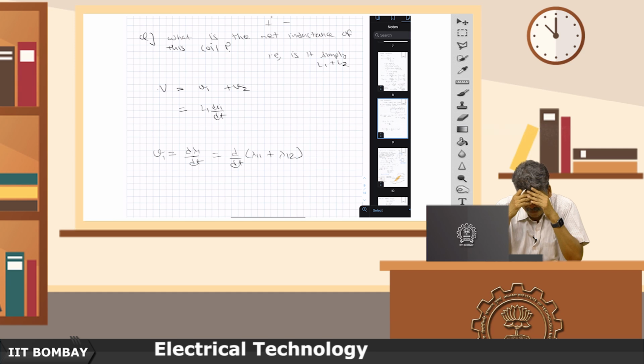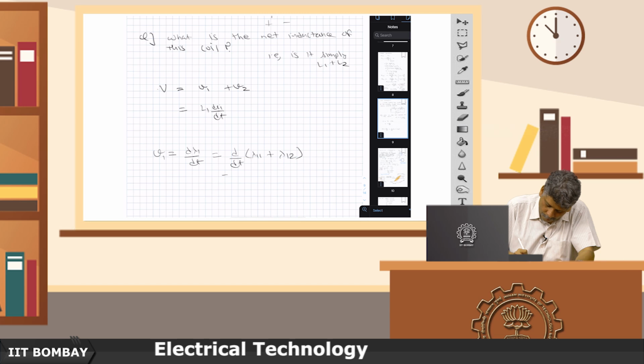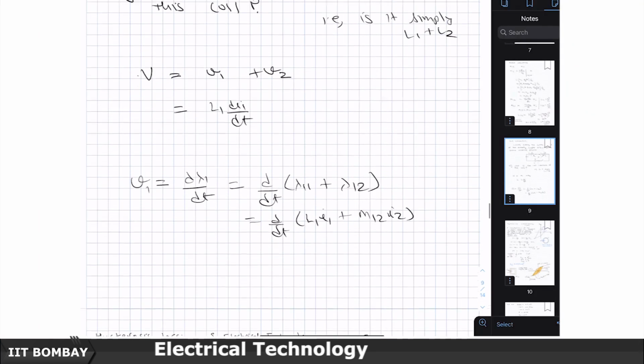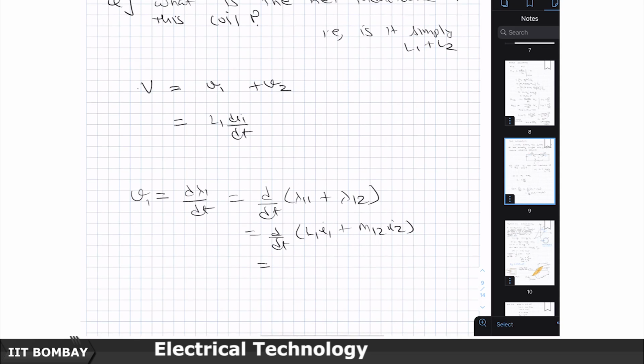That is the flux linkage induced in it due to its own current, and the flux linkage induced in it due to current in coil 2. So this is L1 I1 and this is M12 I2. Therefore V1 is equal to L1 di1 by dt plus M12 di2 by dt.